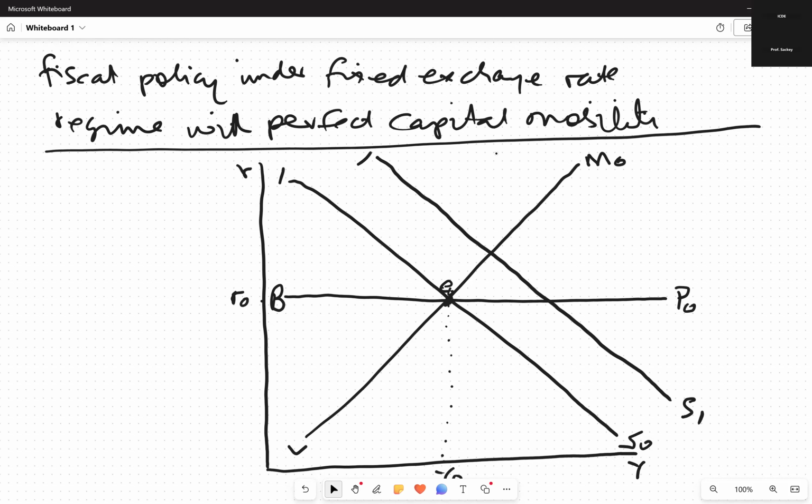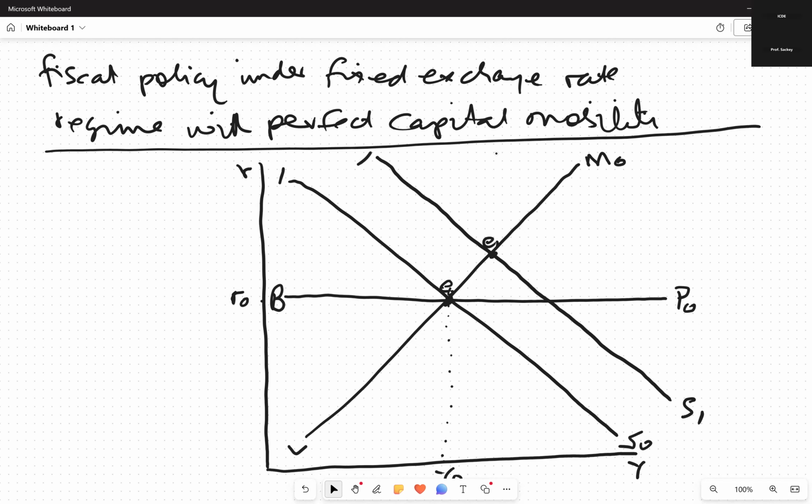So we first look at where the new IS curve meets the LM curve. Is that clear? The new IS curve meets the LM curve at this point. Call this E1.